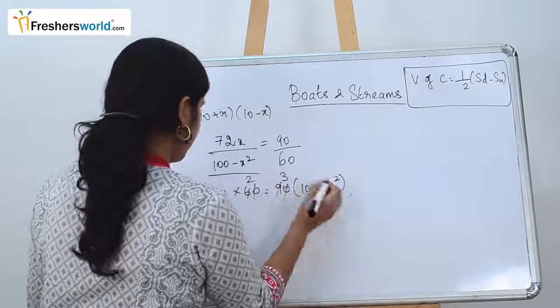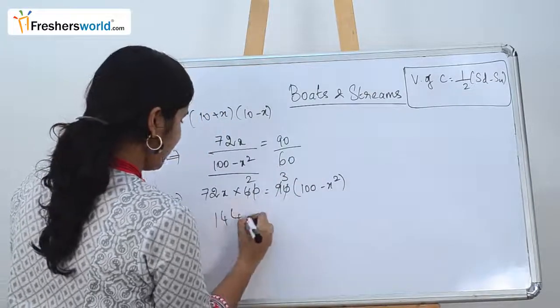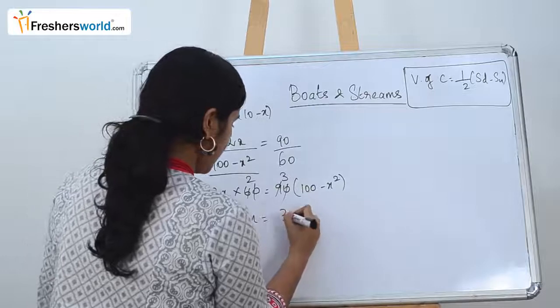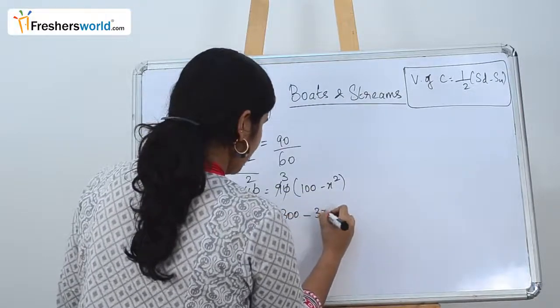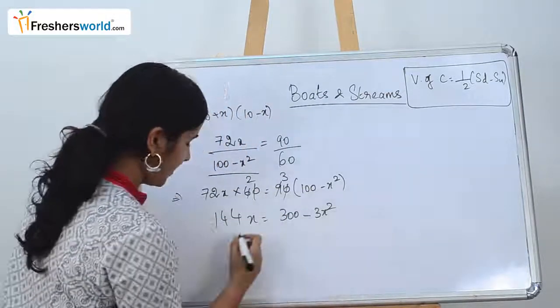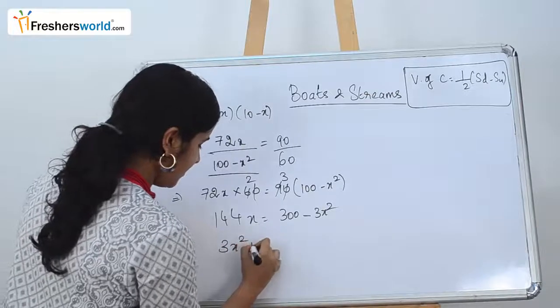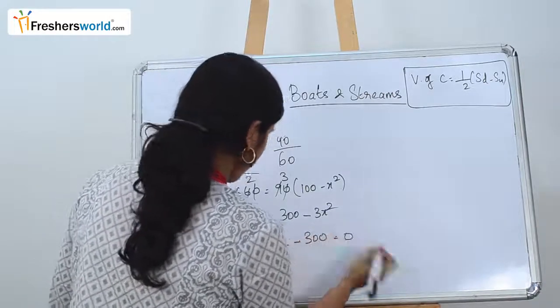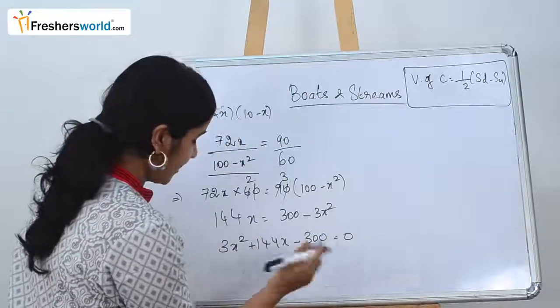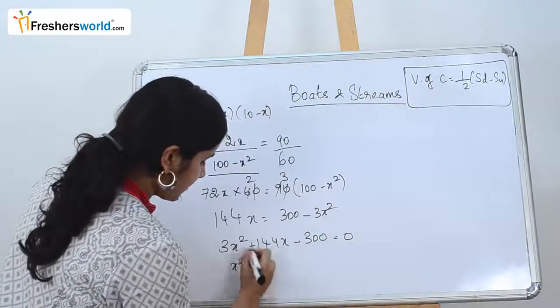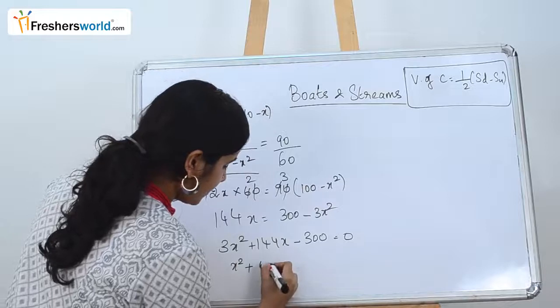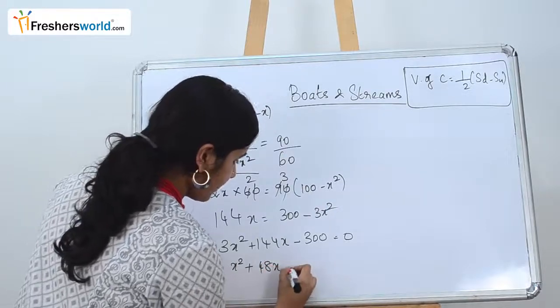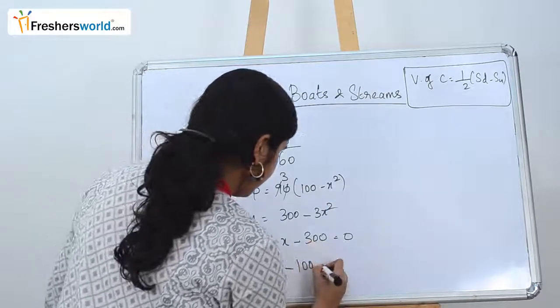2, 3, 4, 144x is equal to 300 minus 3x square. So let's bring everything to one side. So it becomes 3x square plus 144x minus 300 is equal to 0. And now everything can be divided by 3. So divided by 3, 4s are 12, 8s are minus 100, equal to 0.